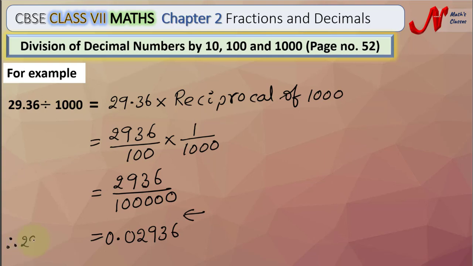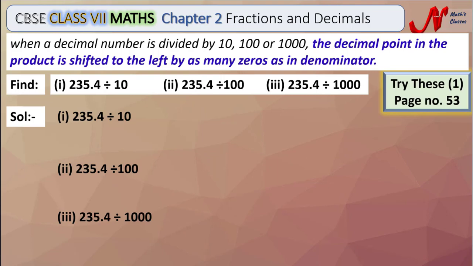Therefore, 29.36 divided by 1000 is equal to 0.02936. From the above, we can conclude that when a decimal number is divided by 10, 100 or 1000, the decimal point in the quotient is shifted to the left by as many places as there are zeros in the denominator.